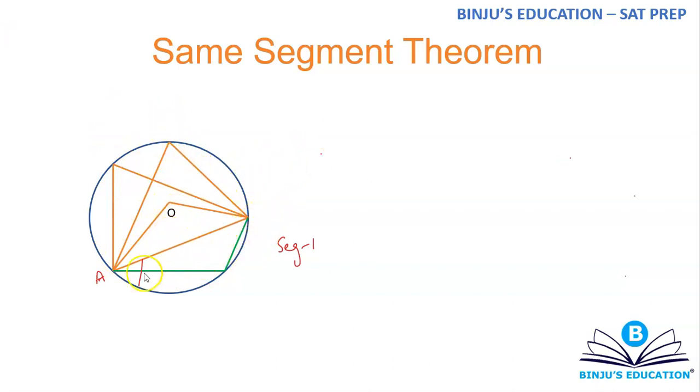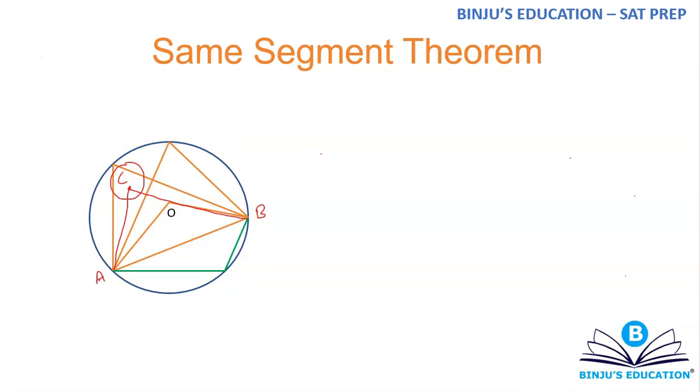So, for example, let's remove all this; I'll just require A and B. Let's say I draw a random line and connect this with B. Let's say this point is C. Now this point C lies in the same segment as that of O. However, this point C does not lie on the circumference.